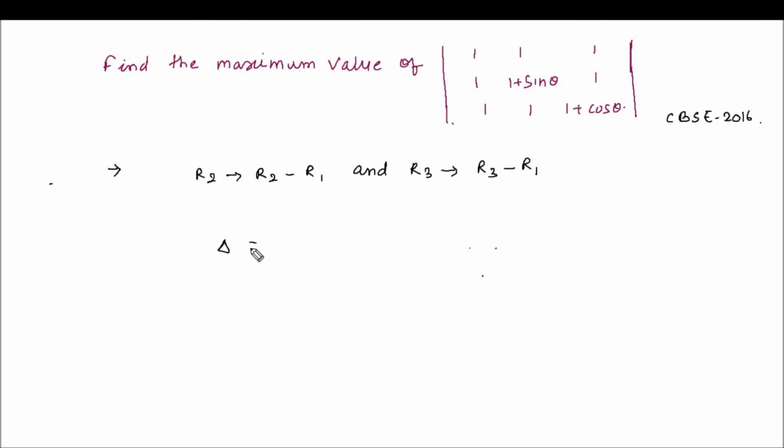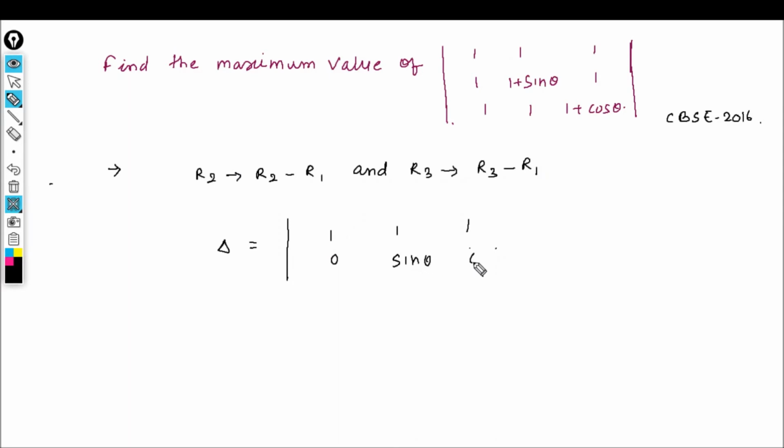So determinant becomes, bachcho, this is 1 1 1, 0 sin theta 0, R3 minus R1, this is 0 0 cos theta.